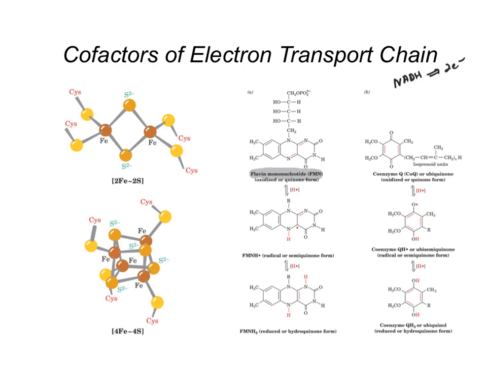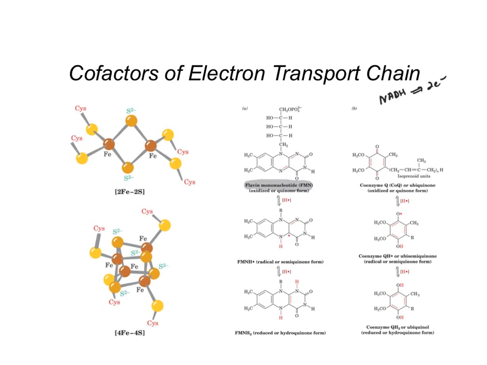Flavins do hold 2 electrons. They can be 2 electron reduced, but can they also just accept 1 electron at a time? Yes, right? What's good about flavins is that they can accept 2 electrons, or they can also just accept 1 electron at a time.